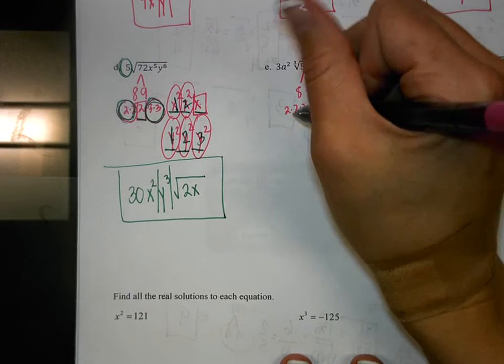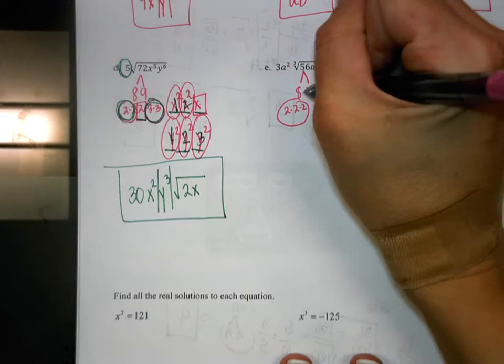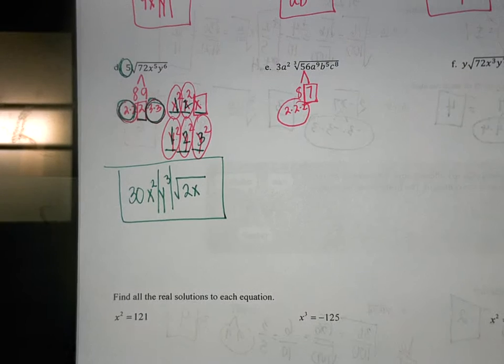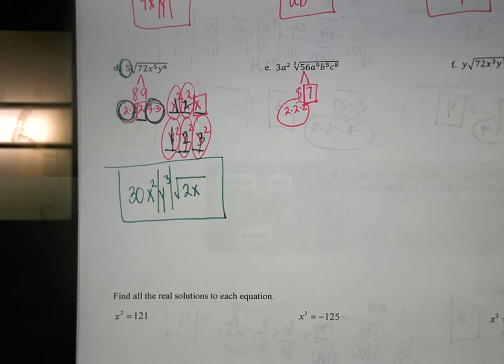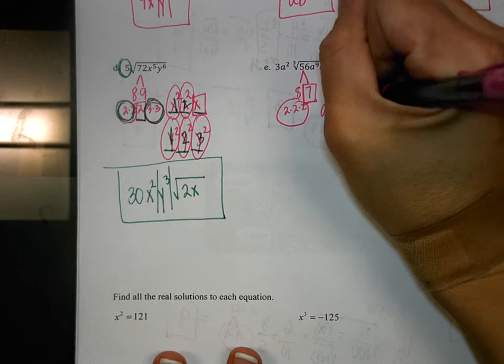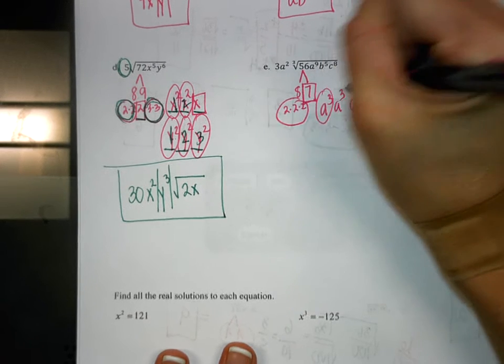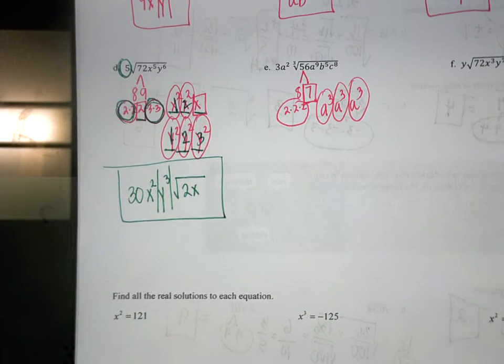So I have 3 2's, and I have a 7 left over that I'm boxing. So far, so good? Now, with the a to the 9th, how will I break the a's up? In 3's. Okay, and so we'd have 3, 6, 9. So I have 3 groups of a to the third, and there's no a's left over.